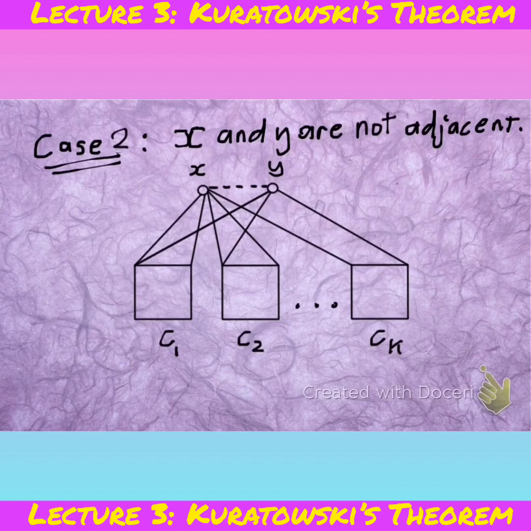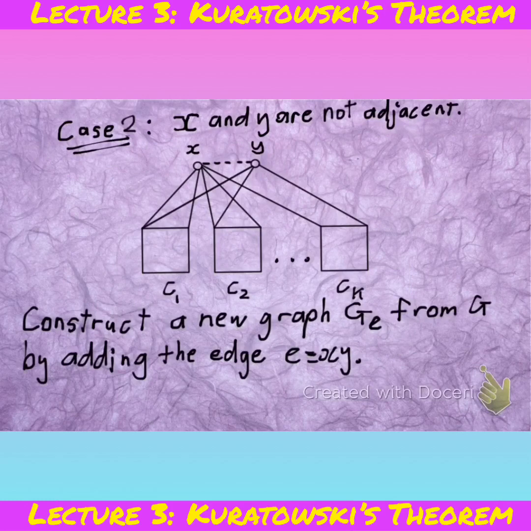Right, so there we've got the new graph that we formed, and that graph is going to have an artificial edge. Okay, so we construct a new graph G subscript E from G by adding the edge xy.